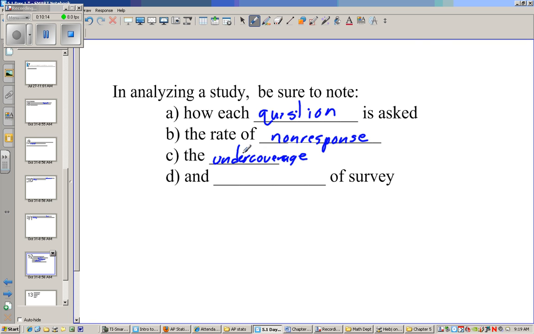And we want to check the validity by checking how good the questions were asked. So that will tell you the validity of the survey.